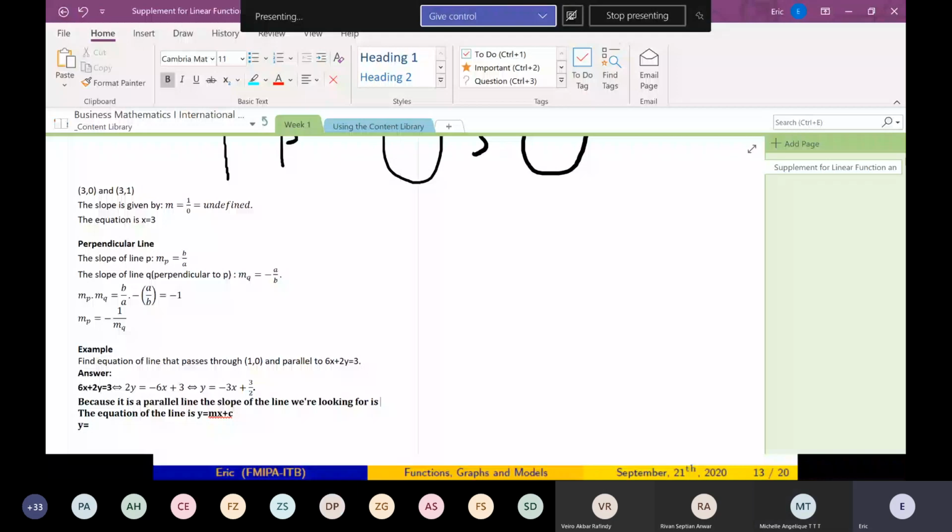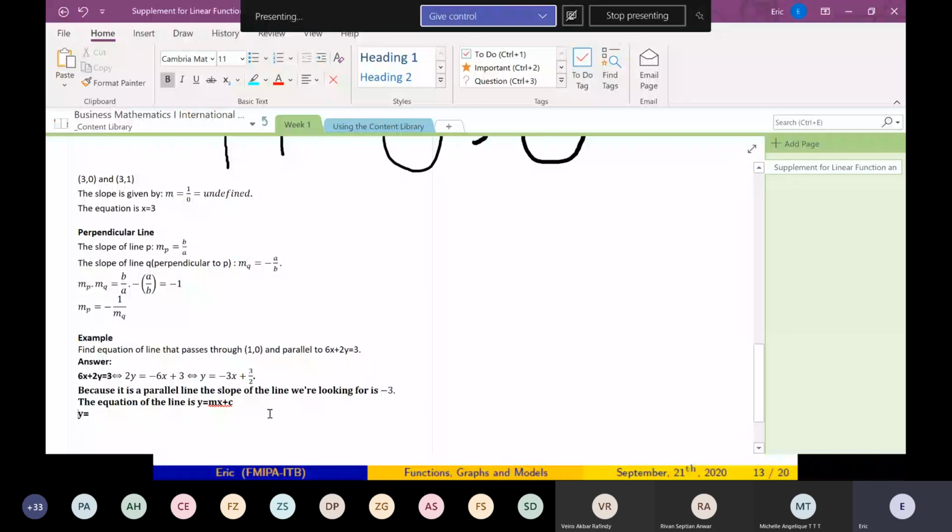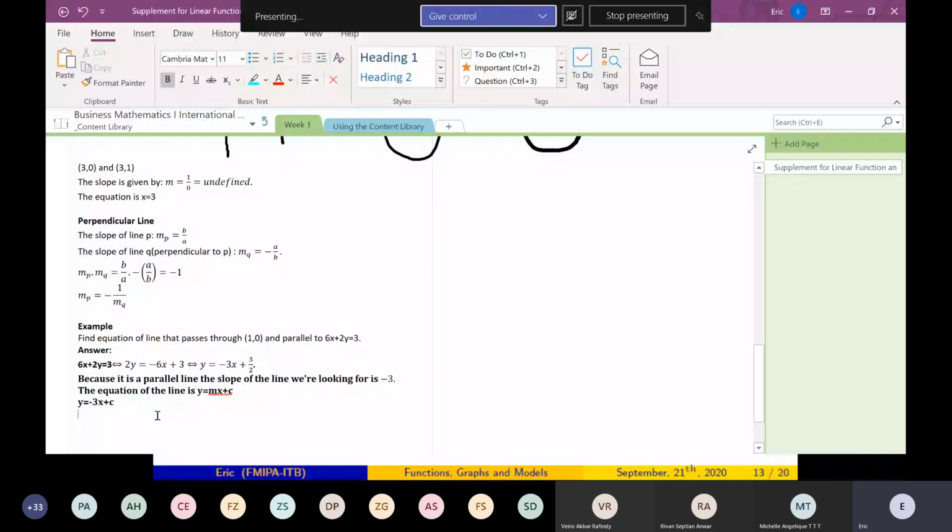Parallel lines? Minus 3. Parallel lines have the same slope. If I have parallel lines, the slope will be given by the same value. So I have minus 3x plus a constant. How do you find the C?